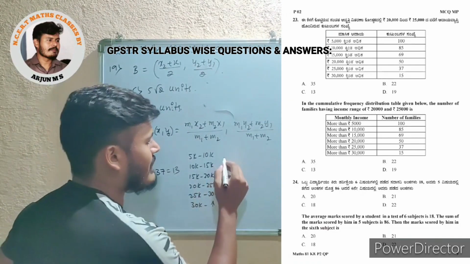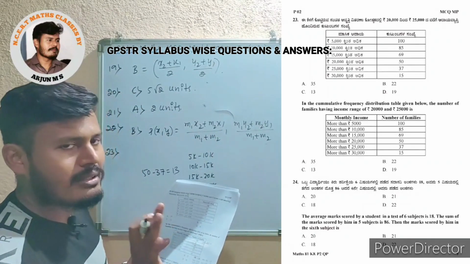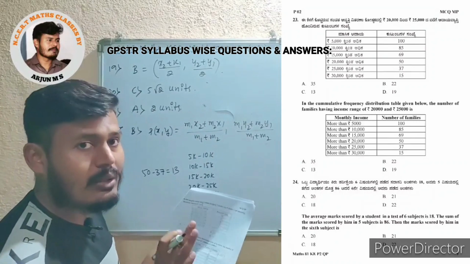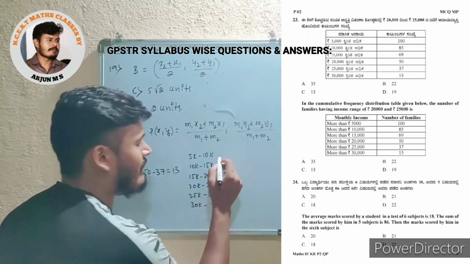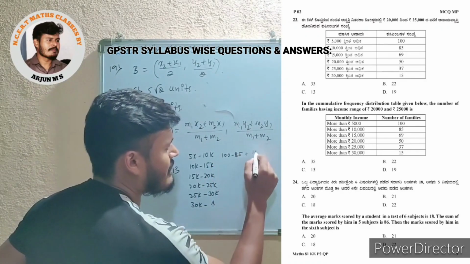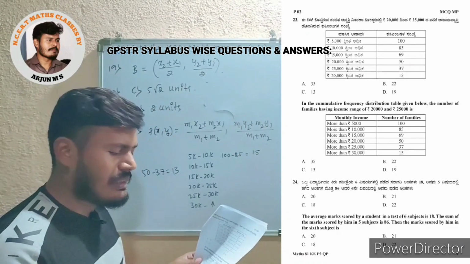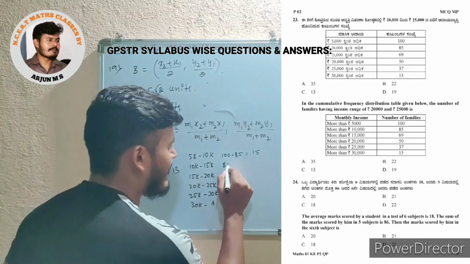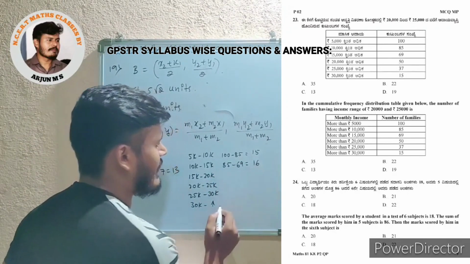We should find the frequency like this. The first cumulative frequency is 100 and the second more than cumulative frequency is 85. Then 100 minus 85 is the first frequency. What is the value here? 15. Now the second frequency is 85 minus 69, which is equal to 16.